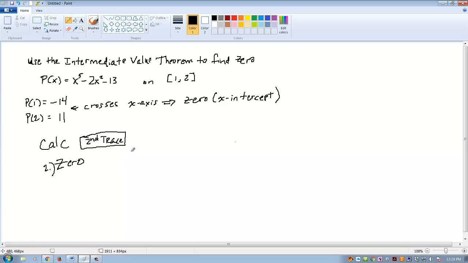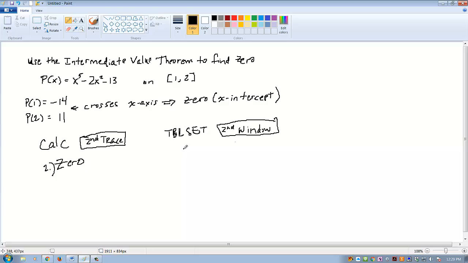Another way is if you go to your table set, which is second window. You can actually change the window.